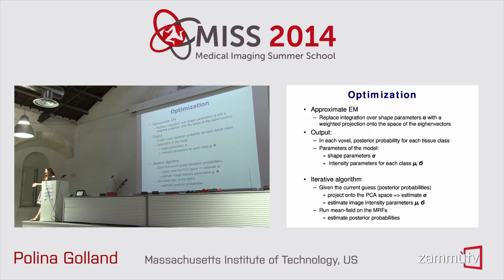And it turns out we can't, because while the PCA space is linear, and we can estimate alphas, the effect of alpha, these shape parameters, let me go back and show you where alpha sits, right? It multiplies the eigenvectors. The effect of these alphas onto the image is not linear, because it gets pumped through the likelihood model.